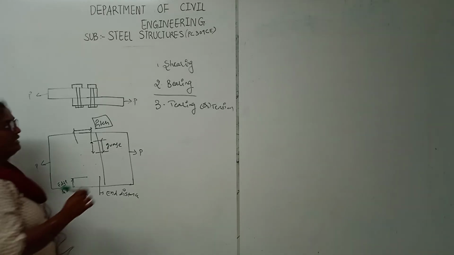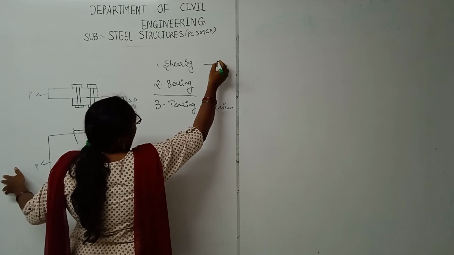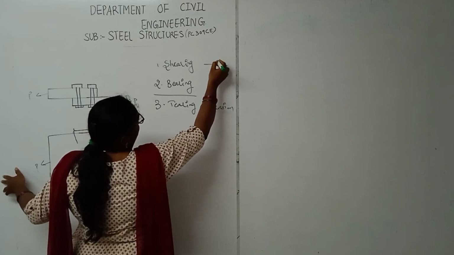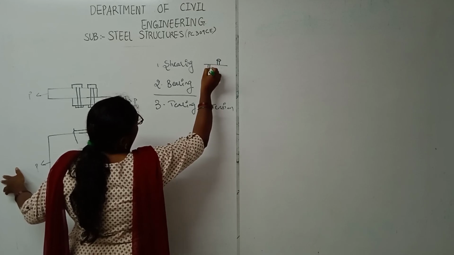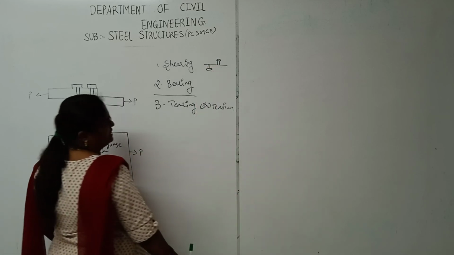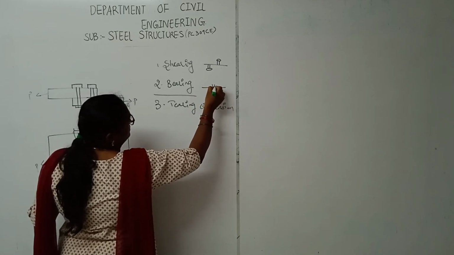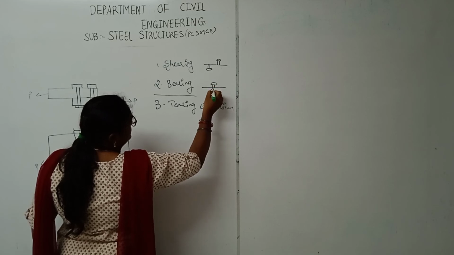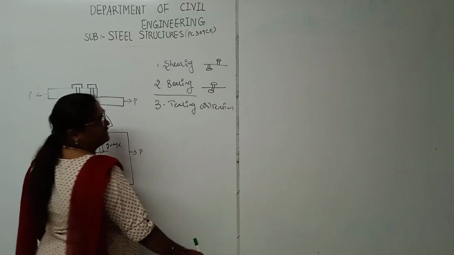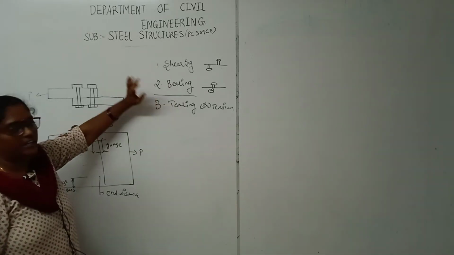So right, shearing is nothing but your bolt will be cut, like this is your plane and this is your bolt, that will change their places. When it comes to bearing, what happens is your bolt will be in the same place but it starts changing its shape. So right, these are the three conditions.